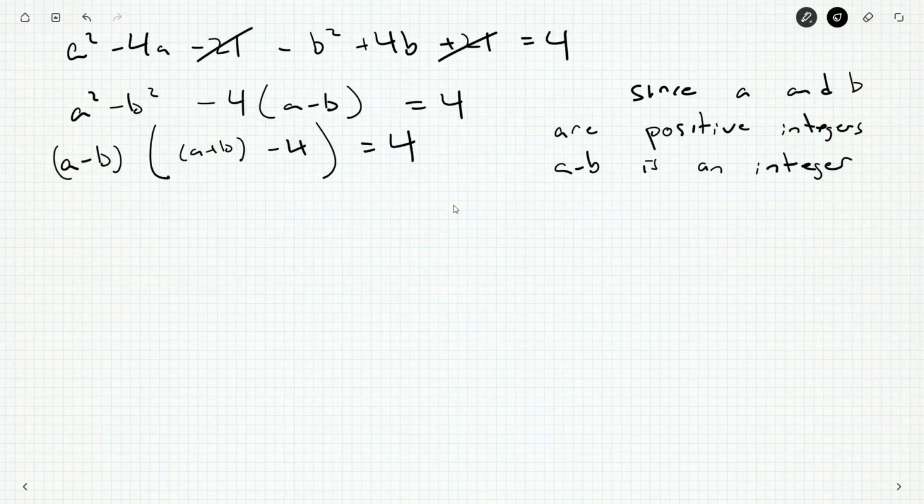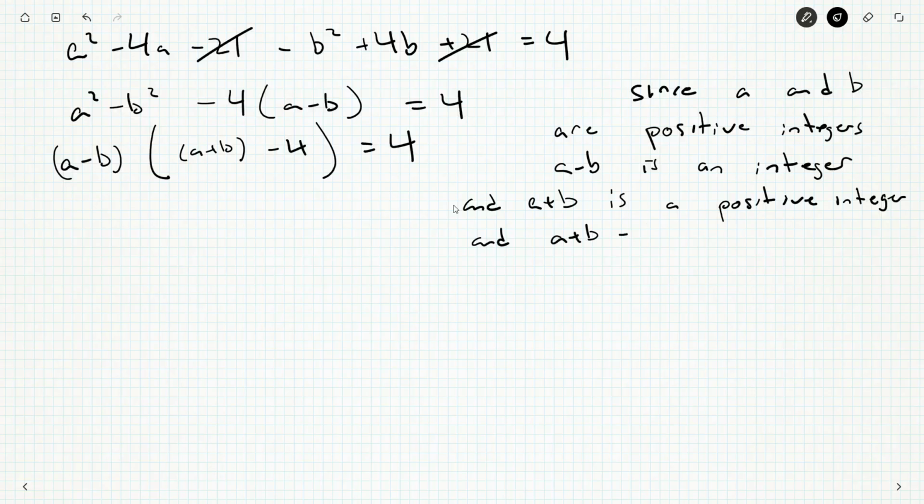Okay, that can be guaranteed. I can't say it's positive, but a plus b is a positive integer. And a plus b minus 4, I can't say that's a positive integer too, because maybe a plus b is 3 and then minus 4 is negative 1. But yeah, so we've got integer times integer.